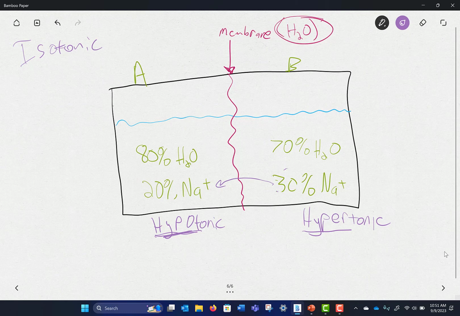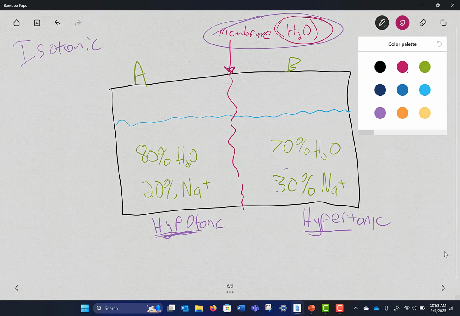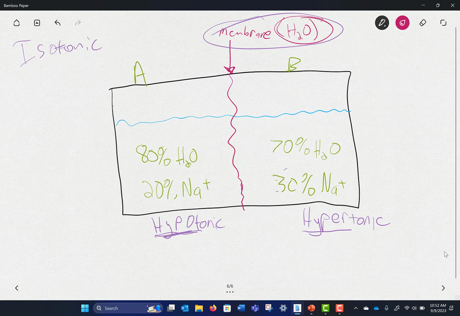Yes, sodium wants to move down its concentration gradient. Yes, sodium wants to move from solution B towards solution A. But it cannot. Why? Because the membrane is only permeable to water. So, the sodium cannot move from solution B to solution A because the membrane prevents it.